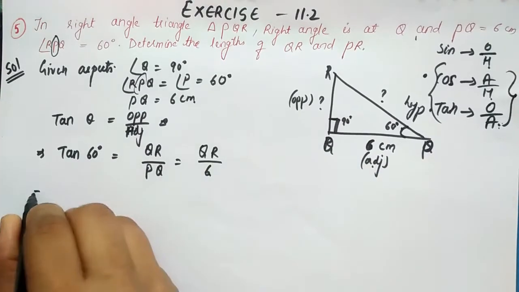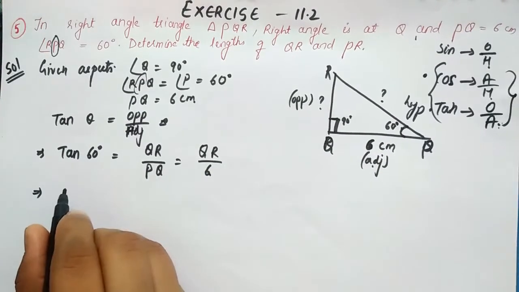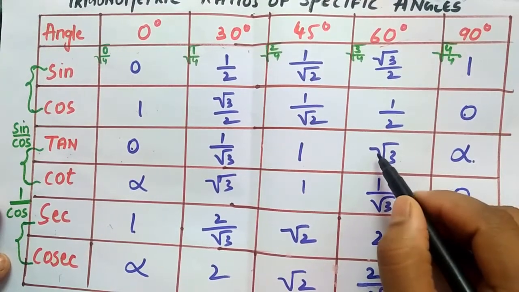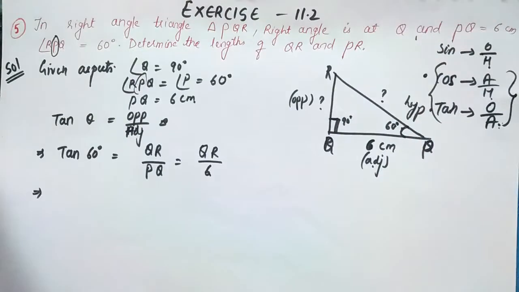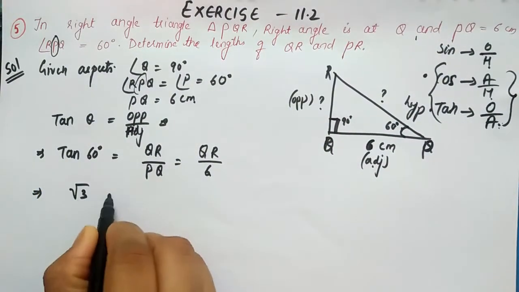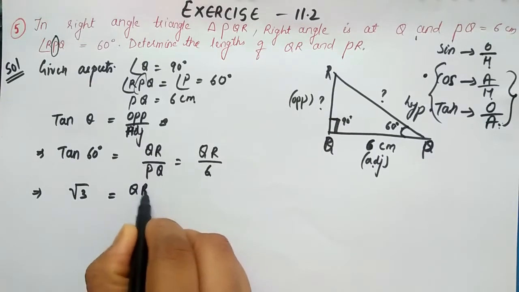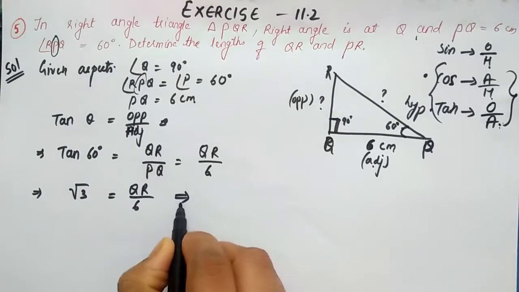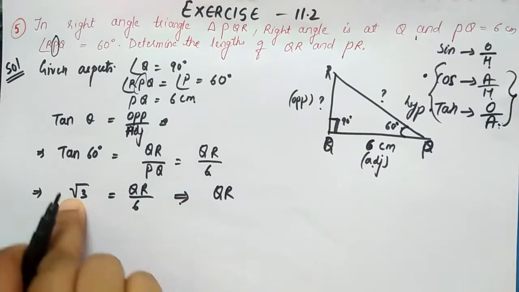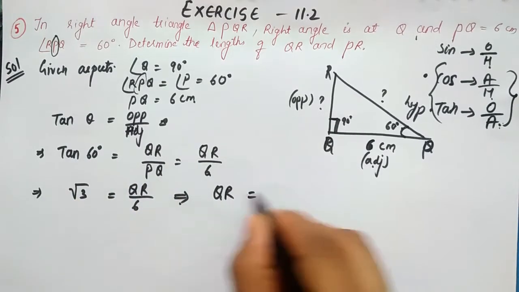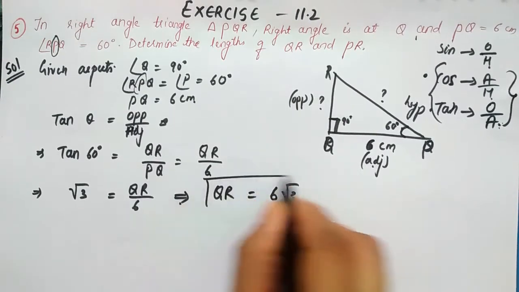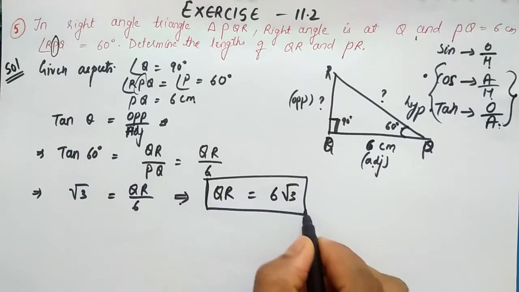What do we know about tan 60? It is root 3. So root 3 equals QR by 6, which implies QR, sending the 6 to the other side, is 6 root 3. We can't simplify further.